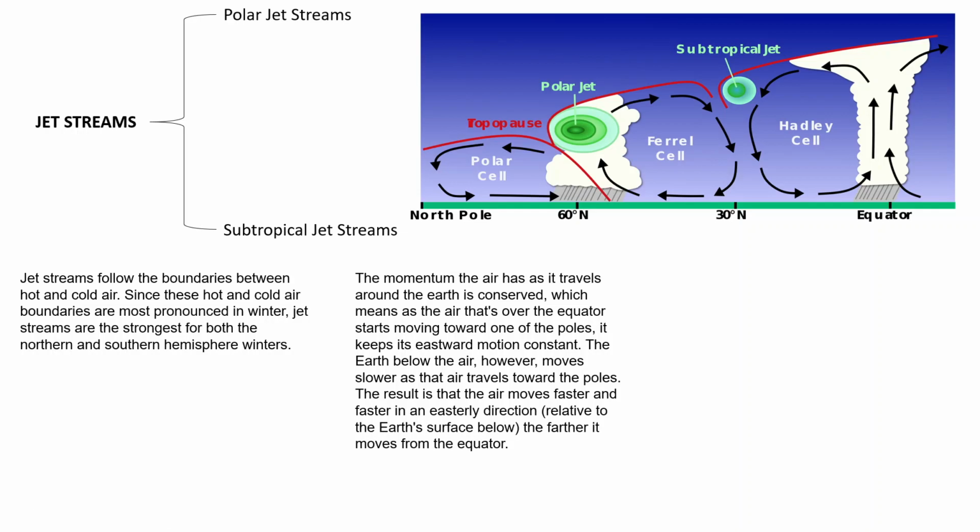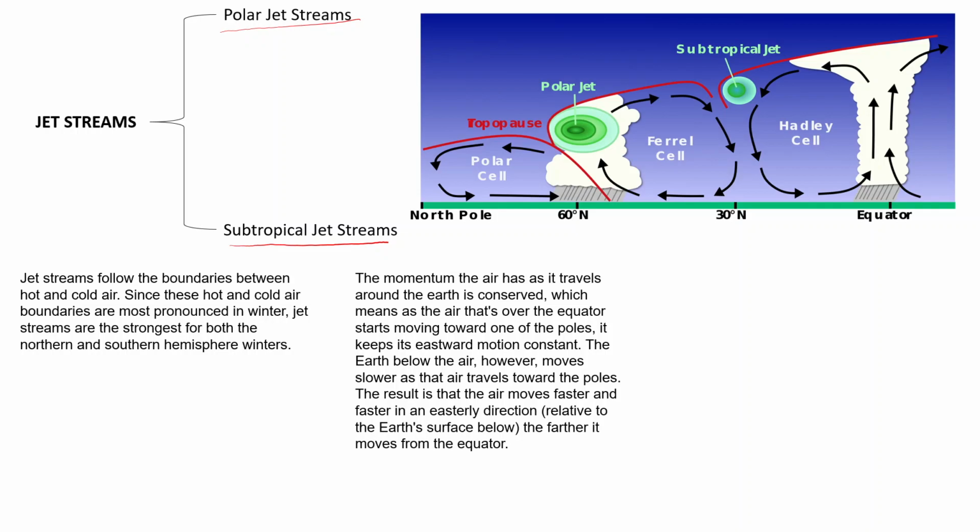So how are these jet streams formed? Jet streams can be classified into two types: the subtropical jet streams and the polar jet streams. Now in the very beginning I had told you that the jet streams flow in the upper atmosphere, at the tropopause.